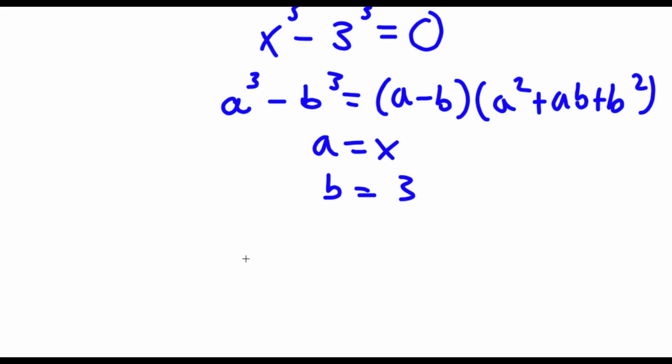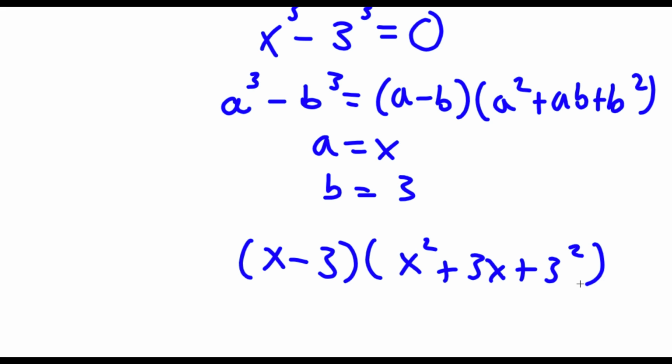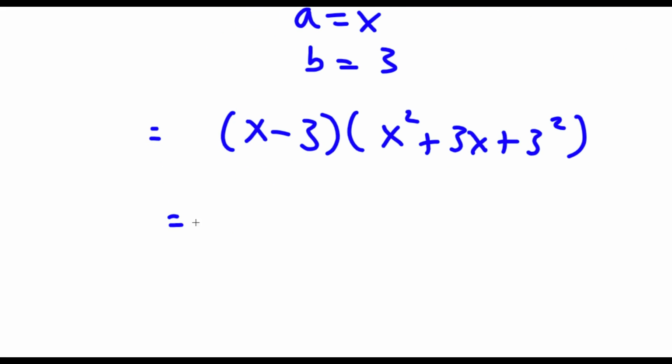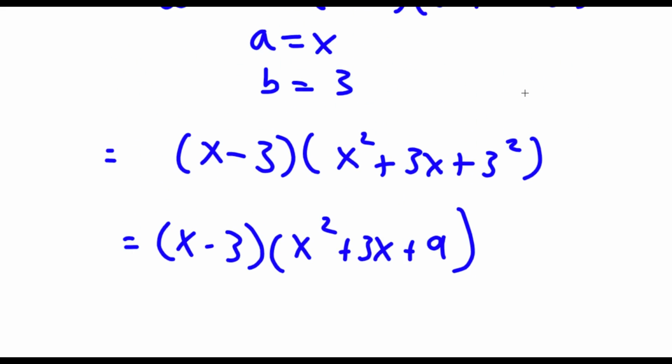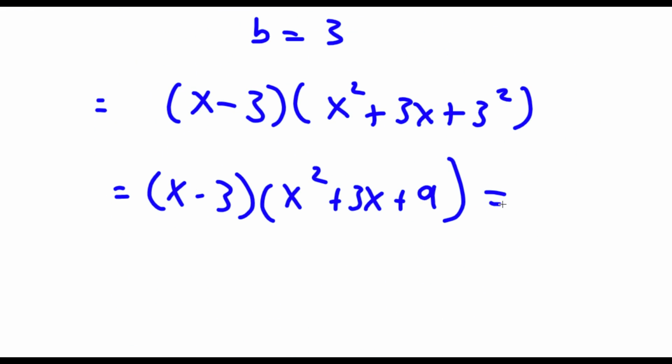So now I have x minus 3 times x squared plus 3x plus 3 squared. That's equal to x minus 3 times x squared plus 3x plus 3 squared, which is 9. And remember, this is equal to 0.